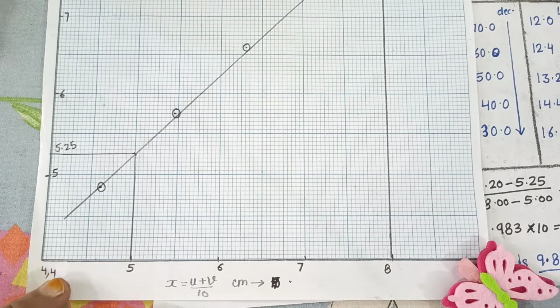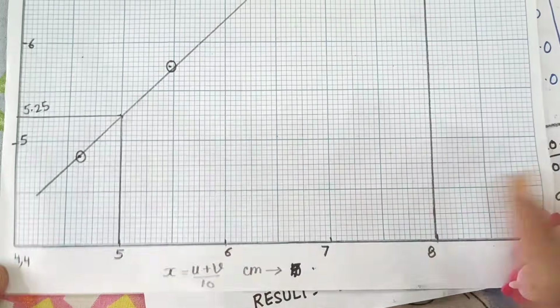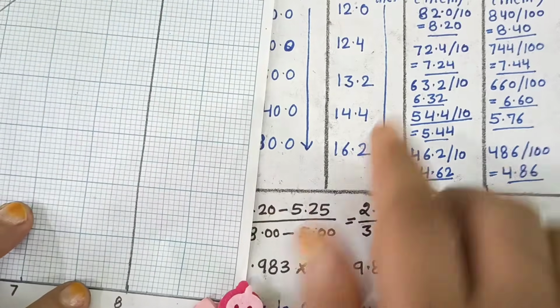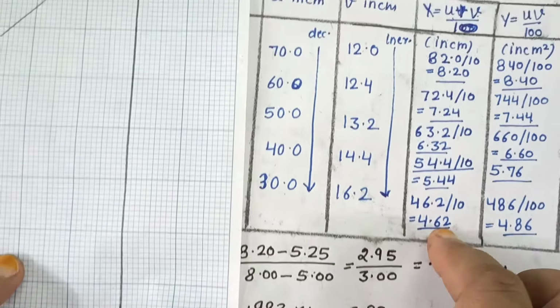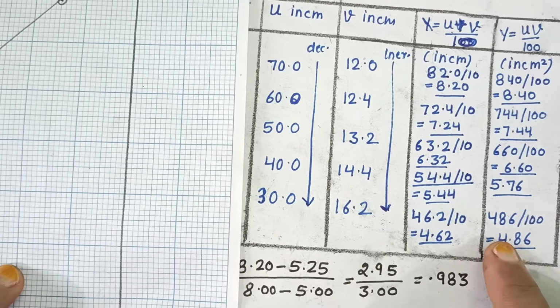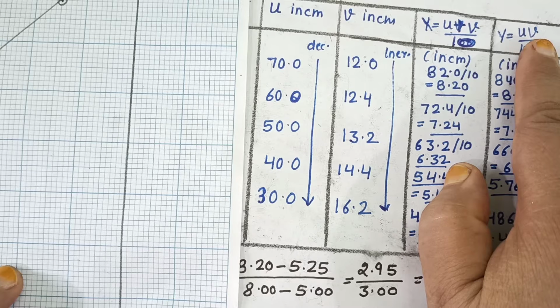So, why have I taken 4, 4 as the origin of my graph? Because of my readings. You are supposed to plot 4.62 to 8.20 on the x-axis and 4.86 to 8.44 on the y-axis.